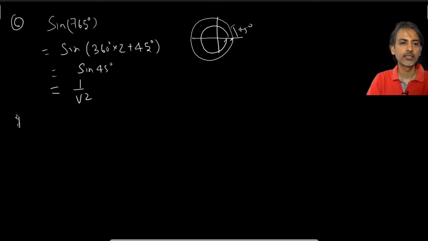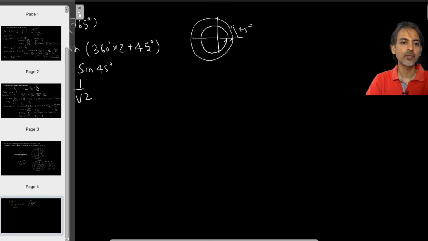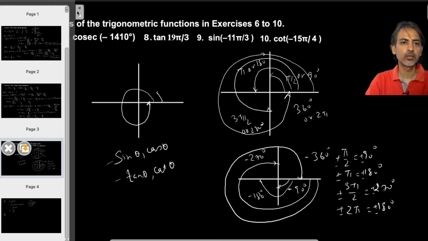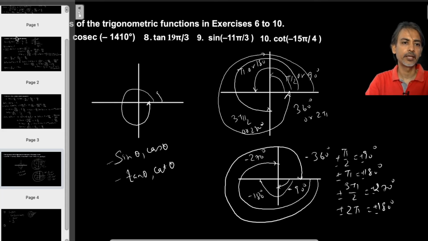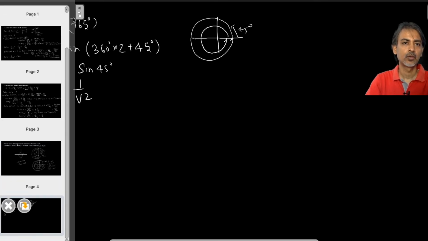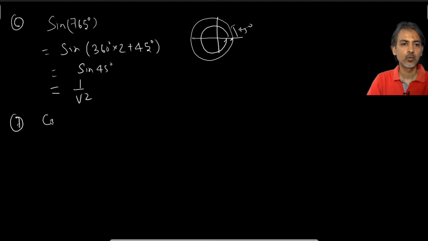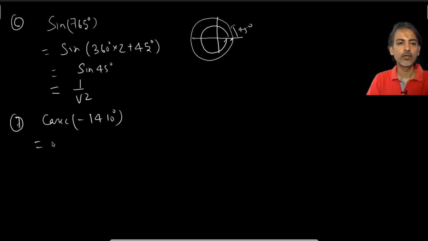Now let's look at the 7th problem. My 7th problem talks about cosec of minus 1410 degrees. So cosec of minus 1410 degrees, again we can write it in two ways.